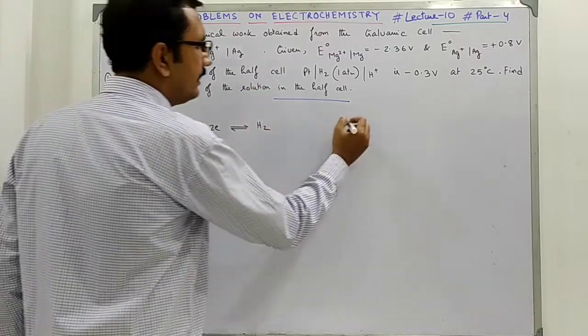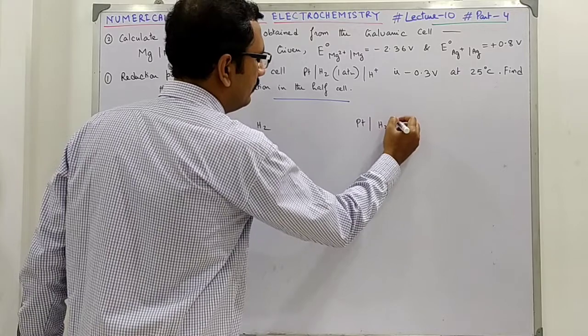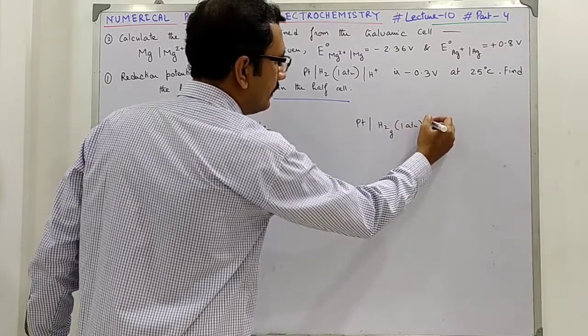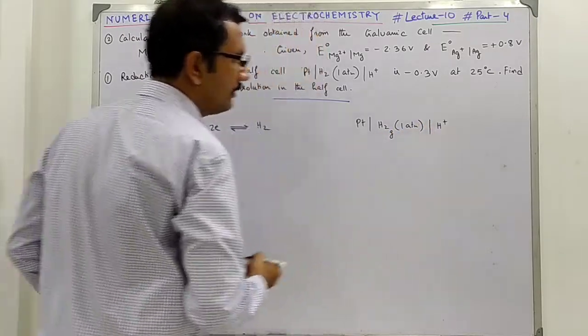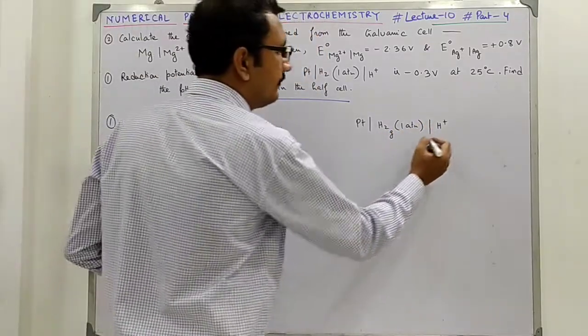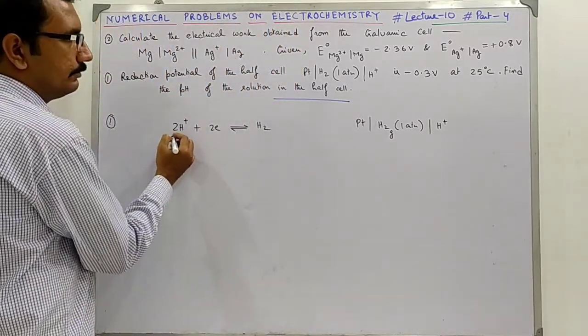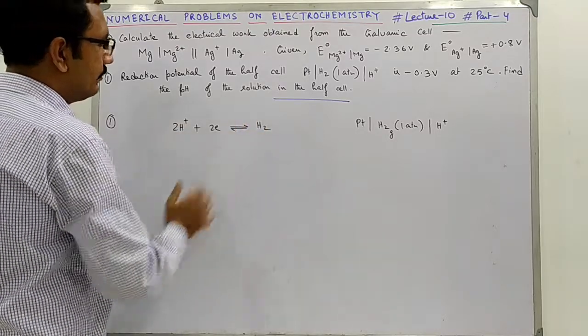Since the given cell is a half cell, the pressure is 1 atm, H2 is in the gaseous state, and H+ is aqueous, and its concentration is required. So, the reaction that will occur is 2H+ + 2 electrons reversible H2.